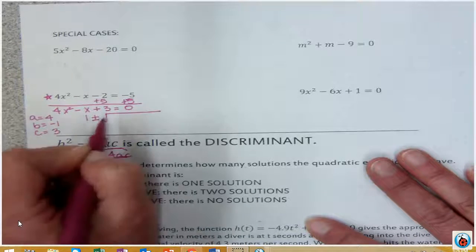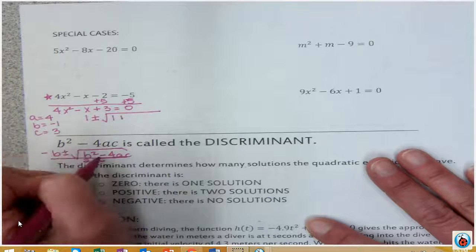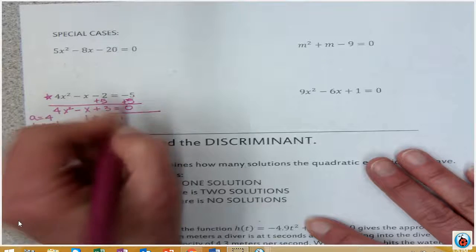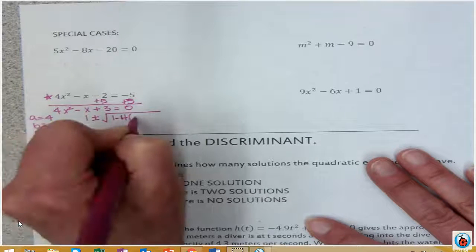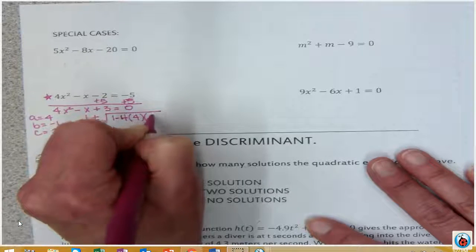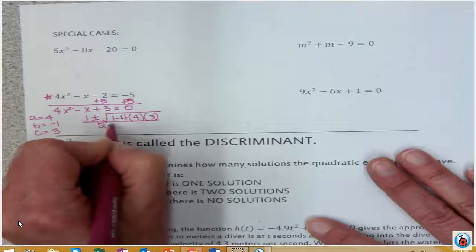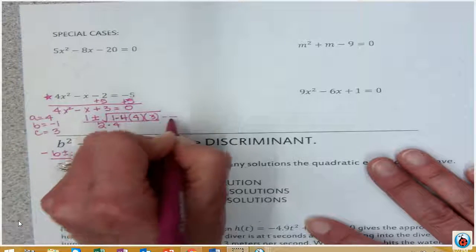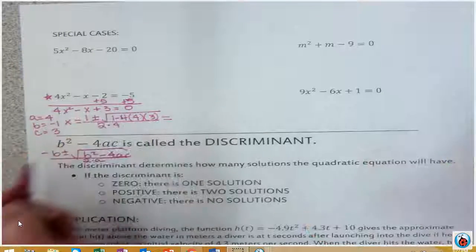My -1 squared would be +1 minus 4 times A, which is 4, times C, which is 3, all over 2 times 4. So this is my x equals.